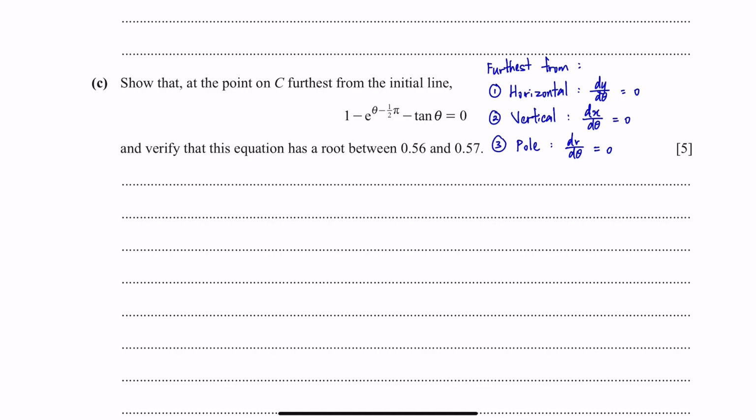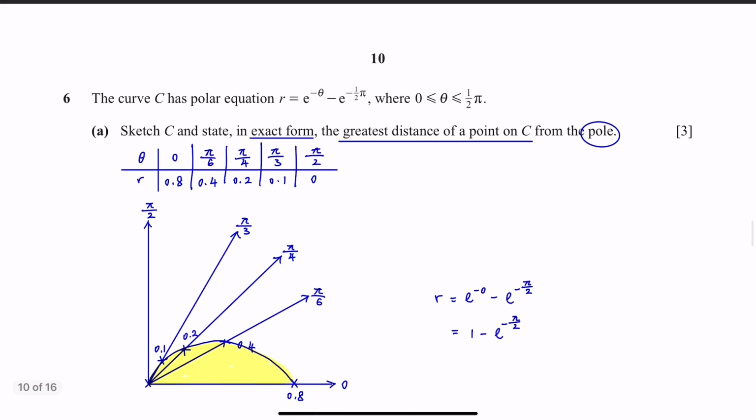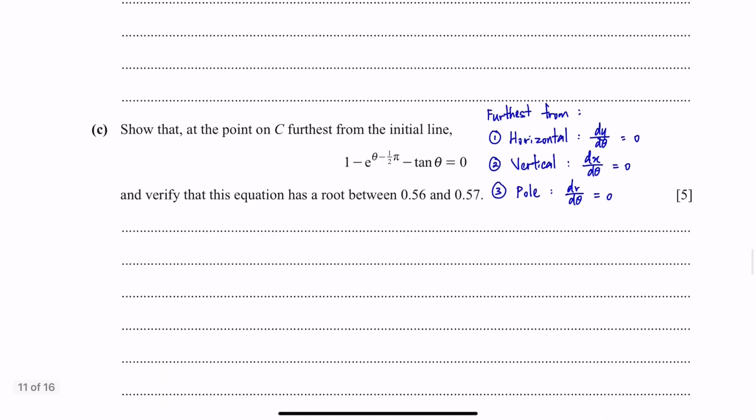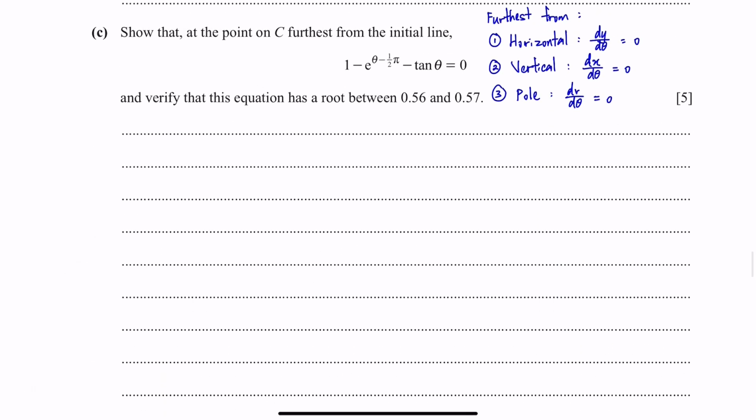So for now, they want it from the initial line, which is the horizontal axis, so we would use this one. But we can see that the equation that they give initially is in r, it's not in y. So we need to change it.